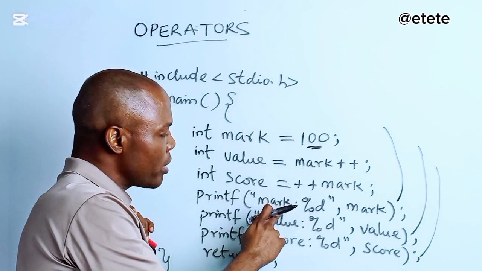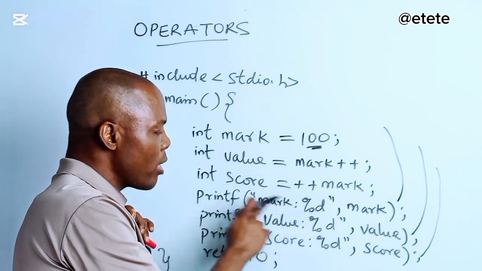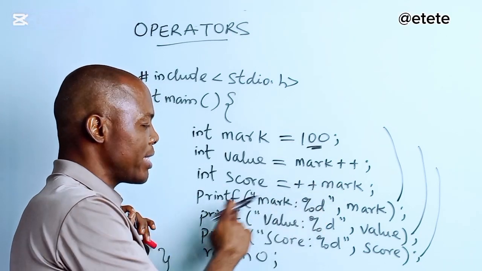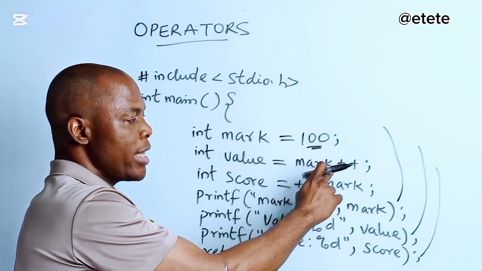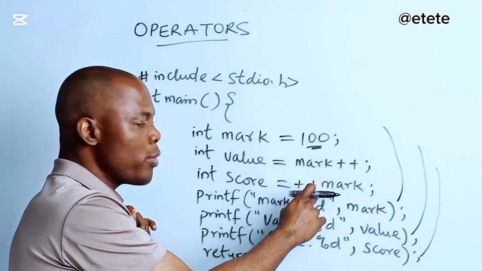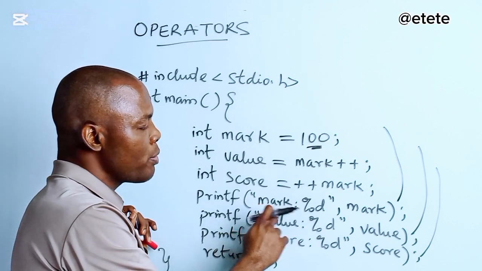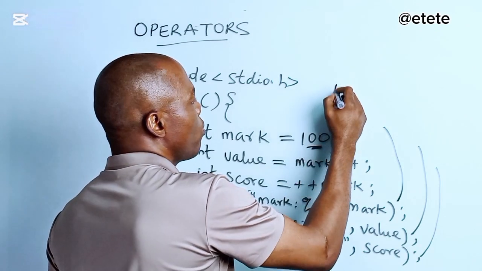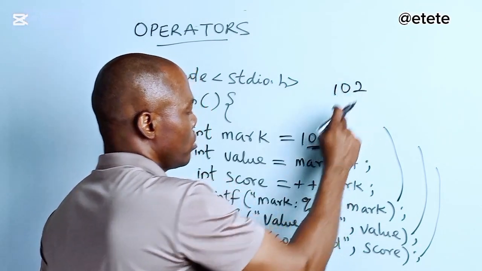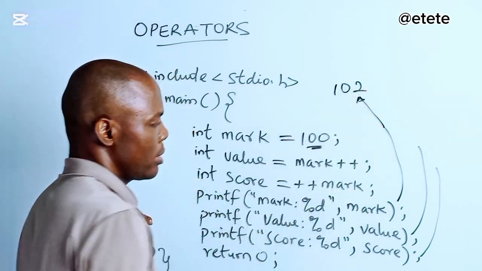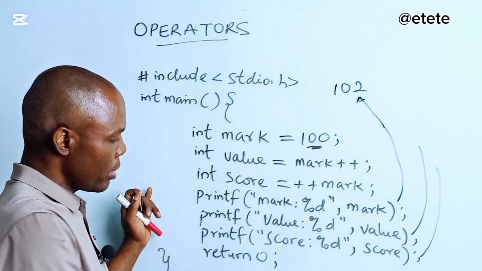Now this next line will print out the value of mark. So what will be the value of mark as at this stage? Because here we have increased mark. Here we increase mark again before we assign it to score. So printf will print out mark as 102.